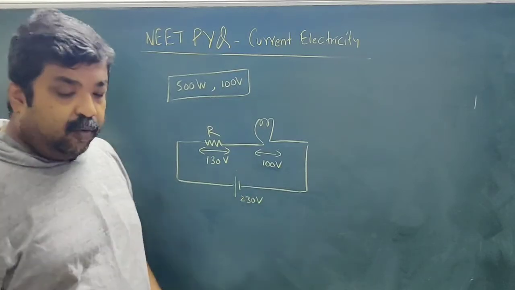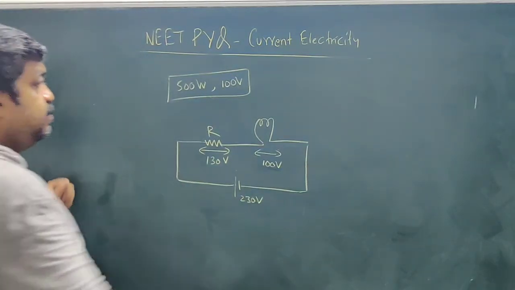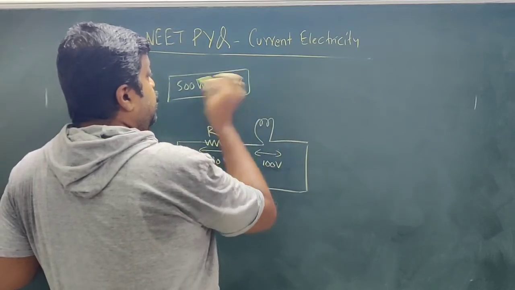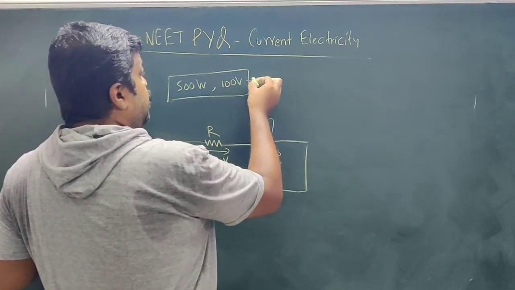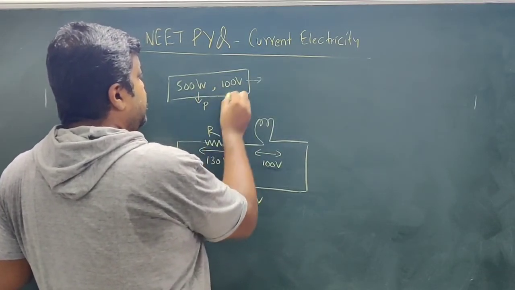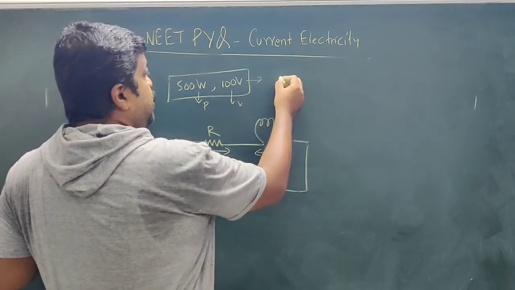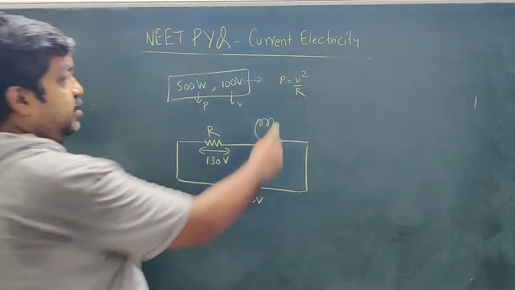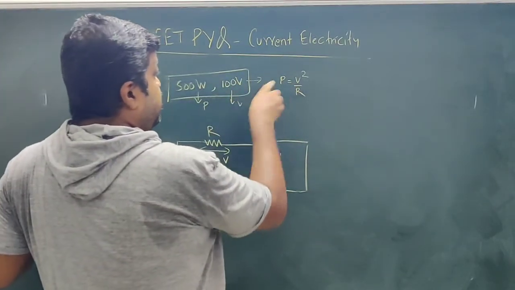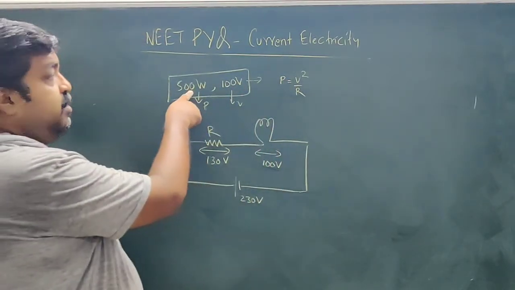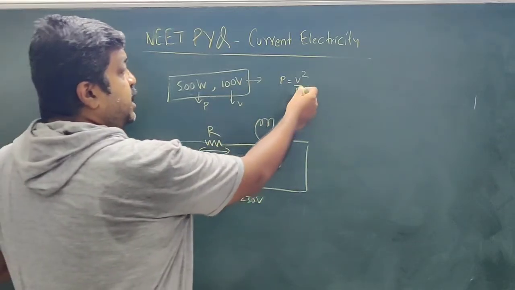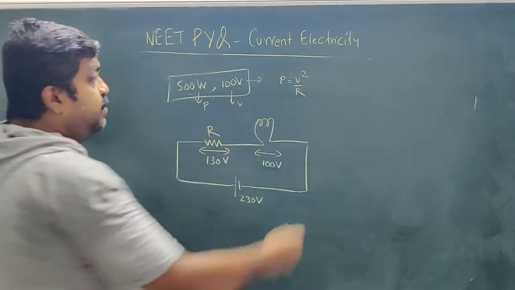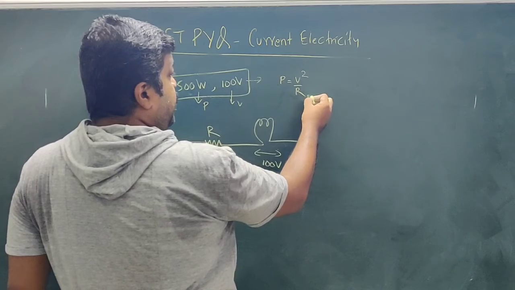Now what is the resistance of this bulb? We need to know the resistance of this bulb. Now power is given, voltage is given, P is equal to V square by R. So this is the power of this bulb, this is the voltage rating, and the resistance of the bulb, let it be RB.